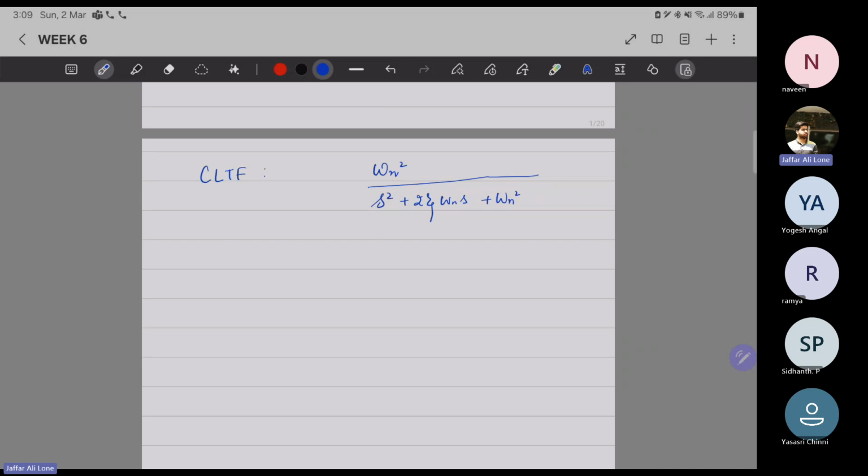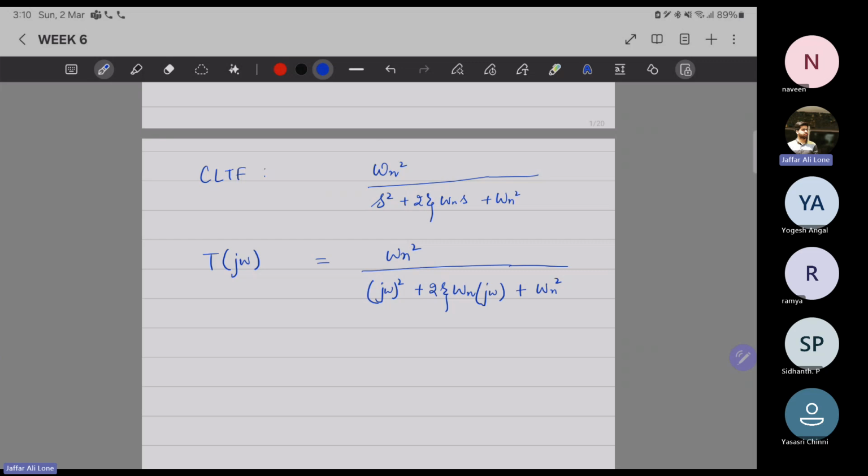If it is T of s, I'll take T of j omega, which will be omega n square divided by (j omega) square plus 2 zeta omega n j omega plus omega n square. I've just put s as j omega.